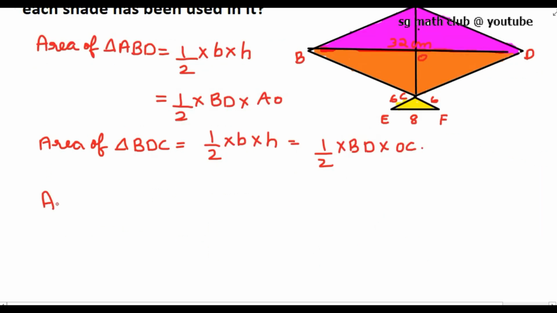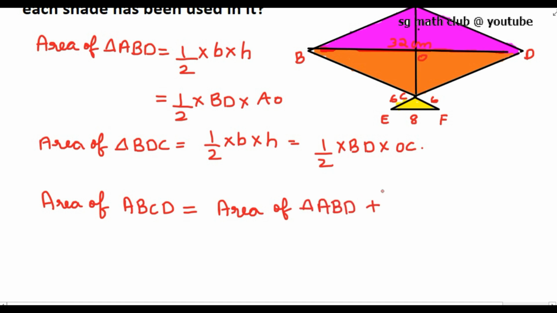So now I can write area of the square ABCD, the full square ABCD, equal to area of triangle ABD plus area of triangle BDC, right?